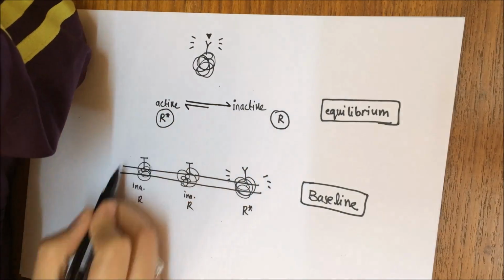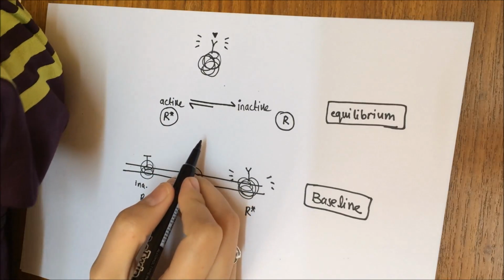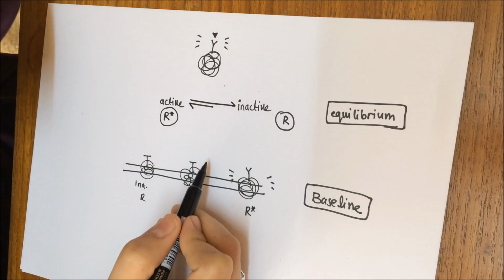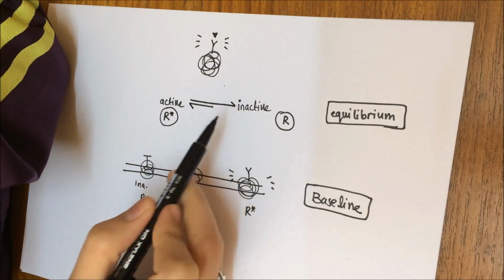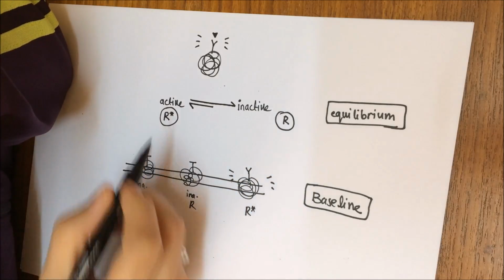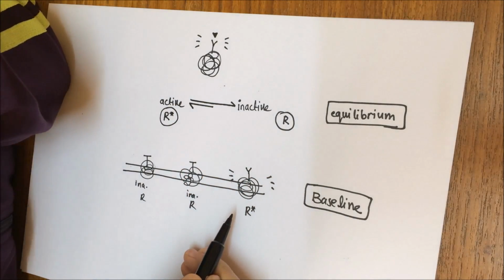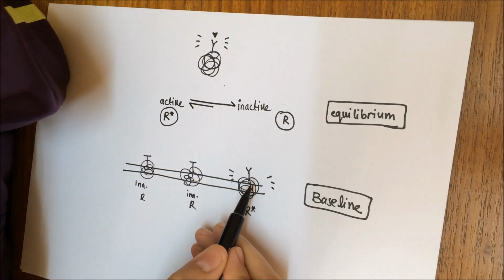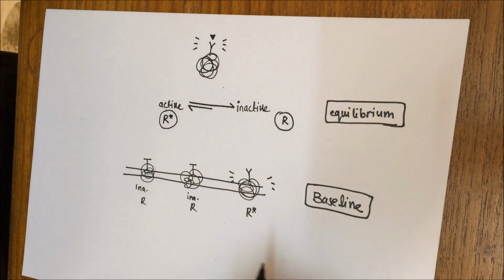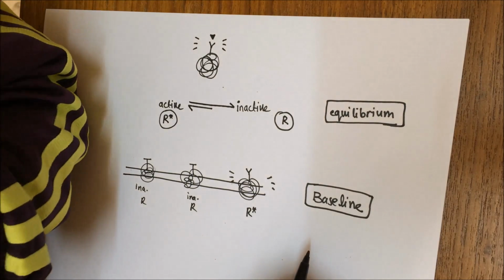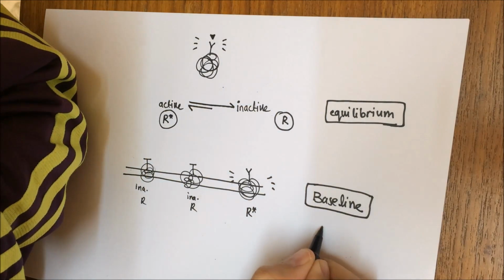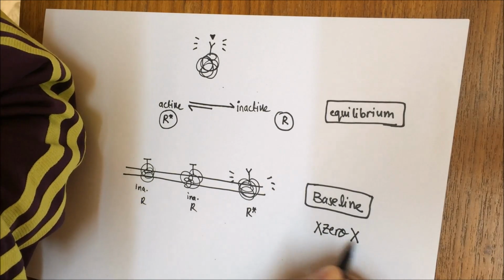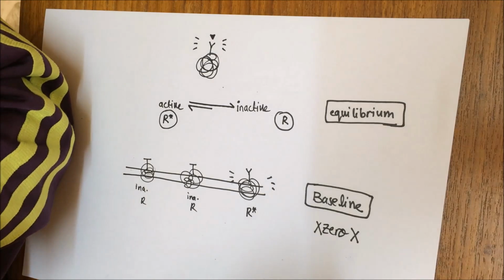So these receptors will be in an equilibrium of the inactive and the active state, but they favor the inactive, and we still have some activity at baseline in the absence of any ligand. So the activity of the receptors in the absence of the ligands is never zero, it is always higher than zero.